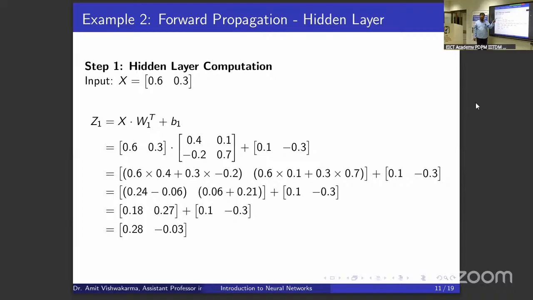Remember the formula Wx plus b. This is for the scalar form, but for matrix-vector operation the expression will be x into W1 transpose plus b. This is the expression for Z1 in matrix-vector form.